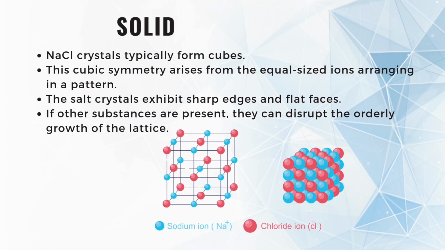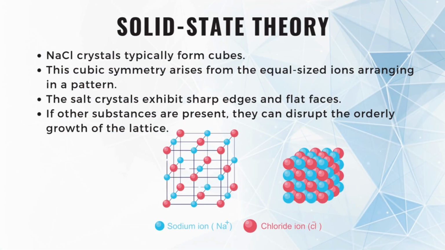The solid state theory states that sodium chloride crystals typically form cubes due to the uniform arrangement of ions in an FCC lattice. This cubic symmetry arises from the equal-sized ions arranging in a pattern where each ion is surrounded by 6 of the opposite type.